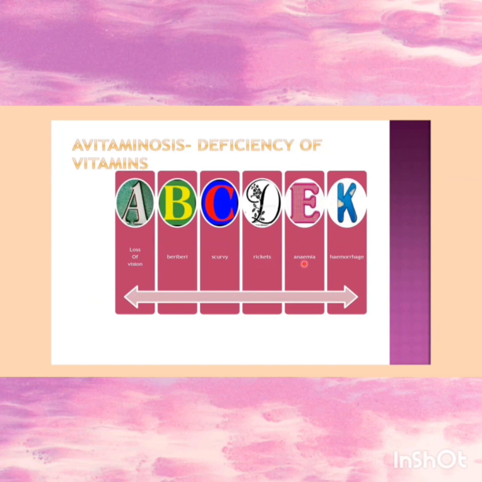These are the symptoms of anemia. Next, hemorrhage, excessive bleeding means slow blood clotting. These are the symptoms of deficiency of vitamin K, that is hemorrhage.